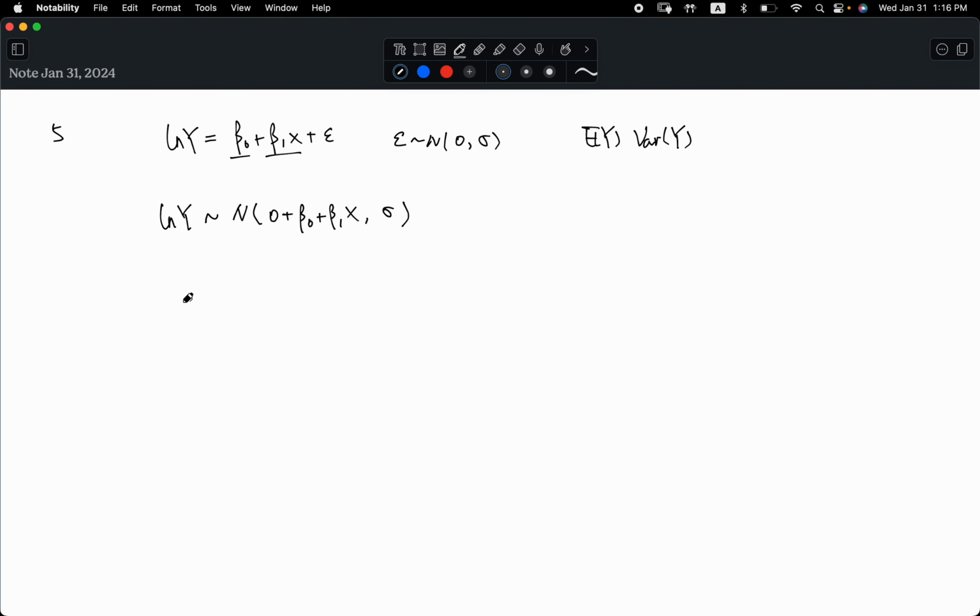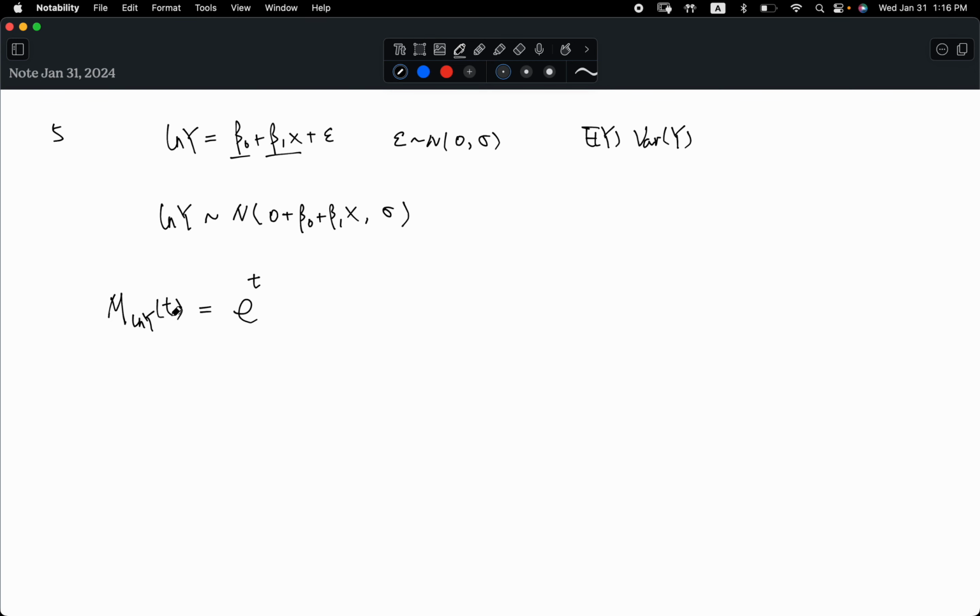Okay, next we need to use the moment function to solve this problem. Let's write down capital M for log of y as a function of t. We know log of y now follows a normal distribution, so we can use the moment generating function for log of y, which is t multiplied by the mean.